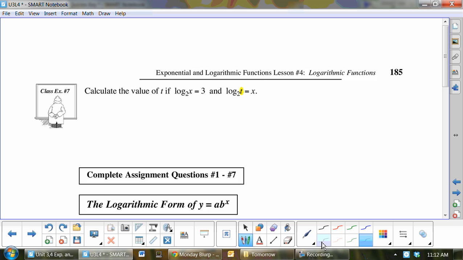What would that be? Now, what is 2 to the 3? I would agree with that. Now, we know that this is 8 here. So what did you do next, Jamie? Yeah. 256 equals t.